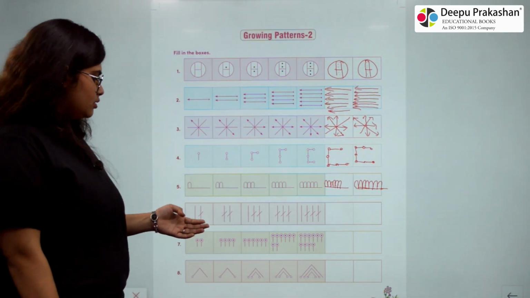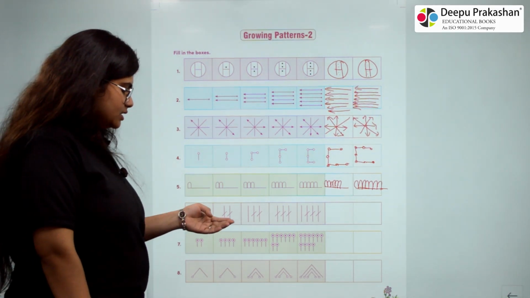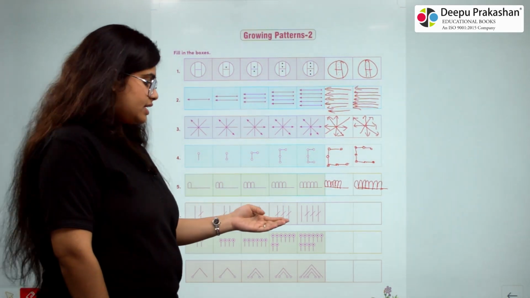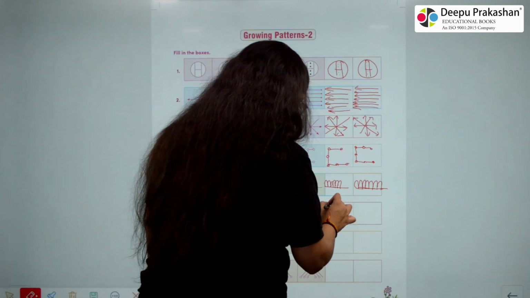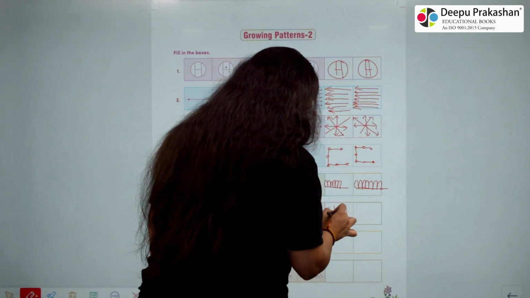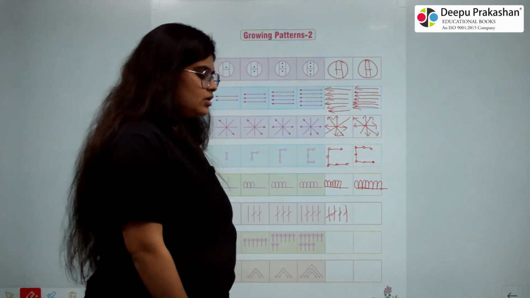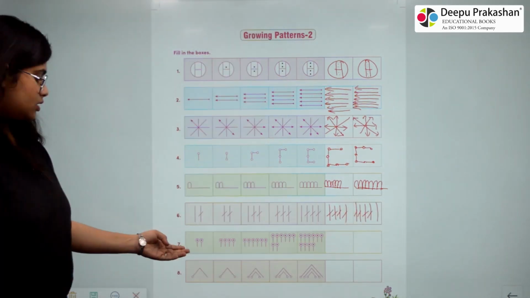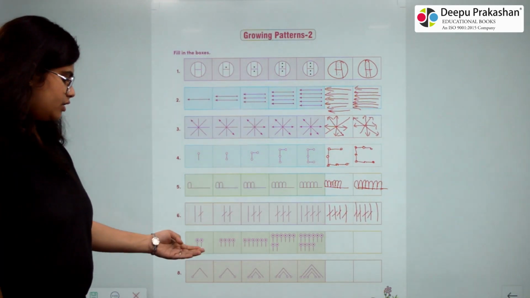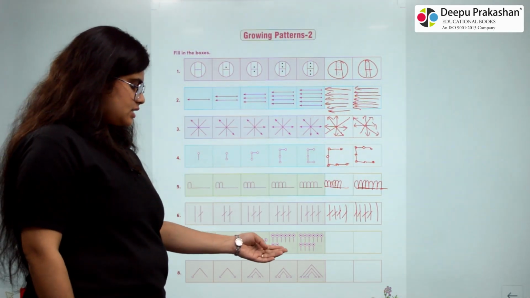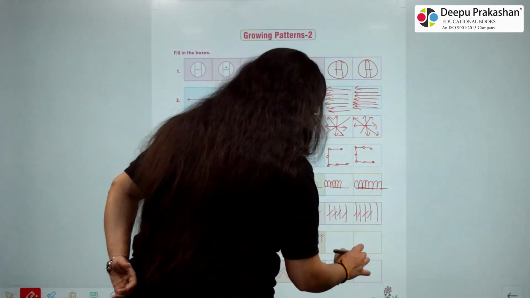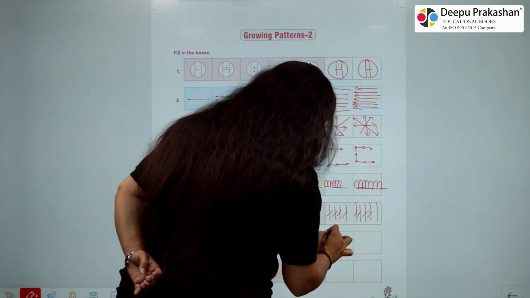6. Here we have 3 lines, 4, 5, 6, 7. So the next one will have 8 lines. Okay. Then 9. 7. Here we are given 2, then 4, 6, 8, 10. So the next one will have 12.